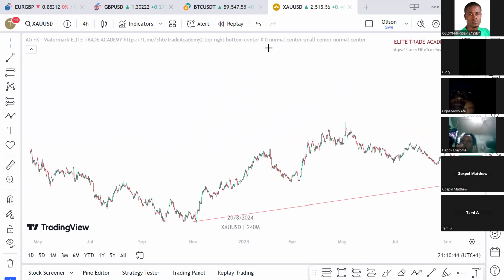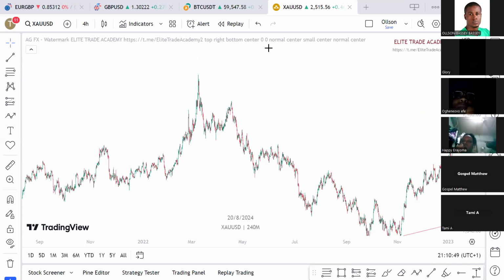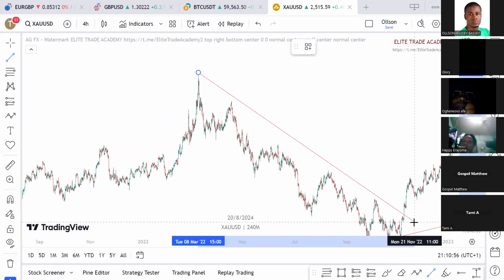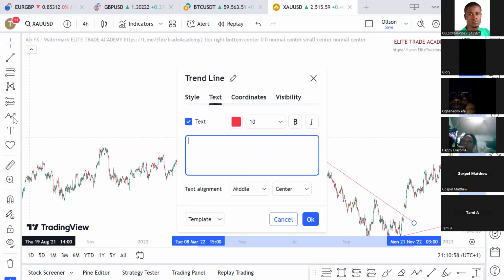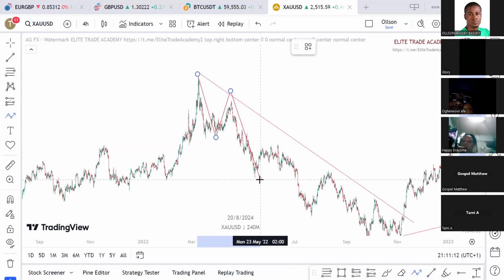Now on a downtrend, let's look at what happened. You can see here on our chart that at a certain point, after we've been able to spot our direction, price was making a consistent move in higher low, lower low, higher low, lower low, higher low, lower low.